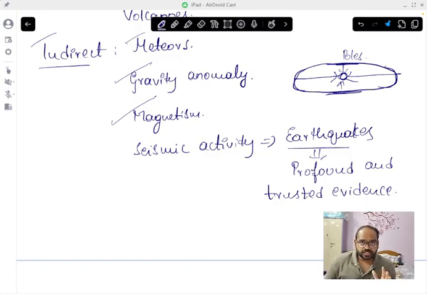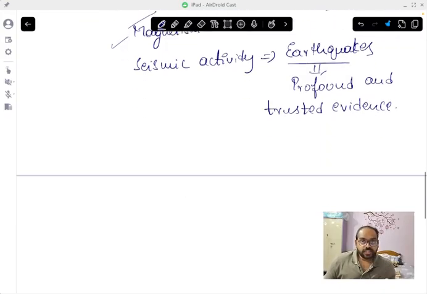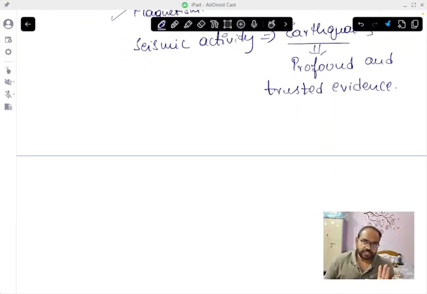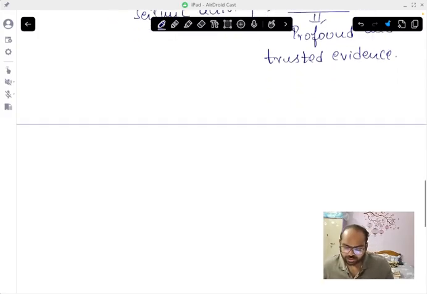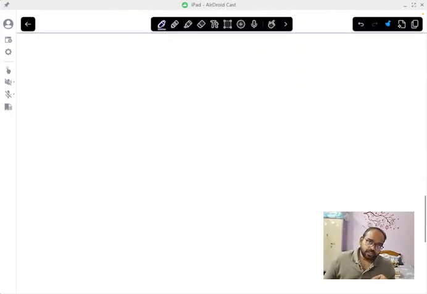What is the most trusted evidence to know about the interior part of the earth? It is seismic activity, that is, earthquakes. And it comes under indirect sources, not direct sources. So to know about the interior of the earth, first we should learn about earthquakes and what really happens inside the earth during earthquakes.